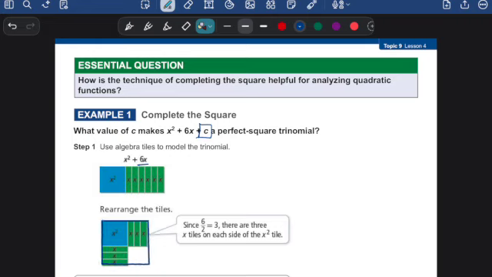So the method of completing the square is, in a sense, figuring out how to complete that area model. What is the value that will give us this area to complete the square? If we remember our area models, when we add up our linear terms, 3x plus 3x should be 6x.